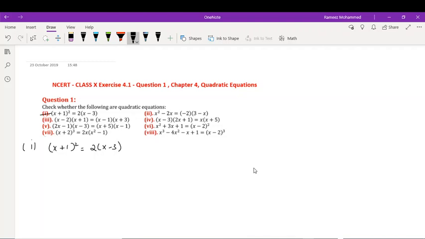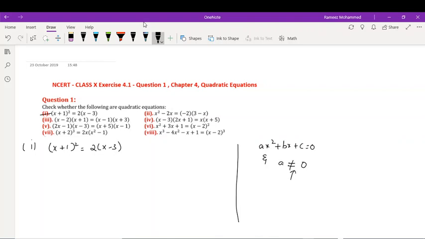Before going into this, first we need to understand what form a quadratic equation takes. Let me show you that. A quadratic equation can be of the form ax square plus bx plus c is equal to 0, and a should not equal 0.